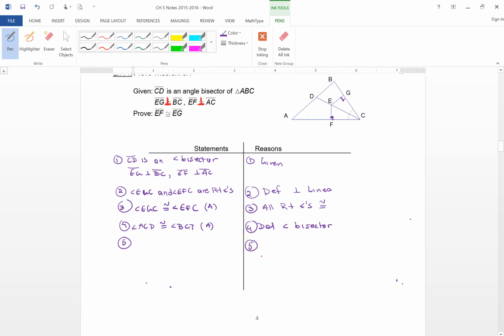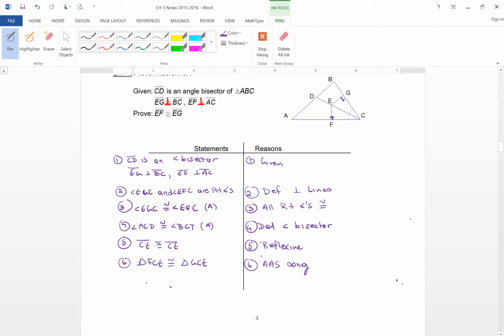Well, CE and CE. Right. So now, triangle FCE is congruent to triangle GCE. AAS congruence.